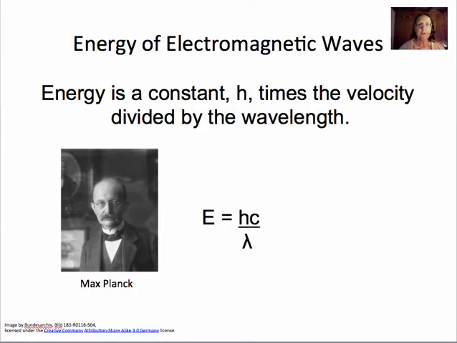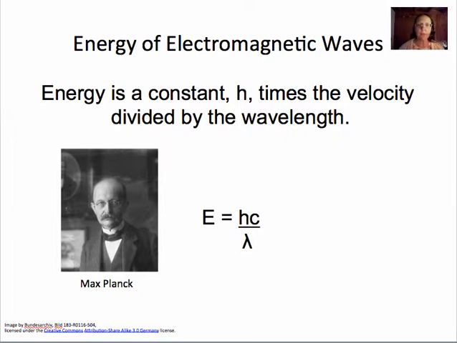Max Planck first proposed that the energy of electromagnetic radiation comes in small packets he called quanta, or singular quantum, and that the energy of a quantum of radiation is inversely proportional to the wavelength of that radiation.